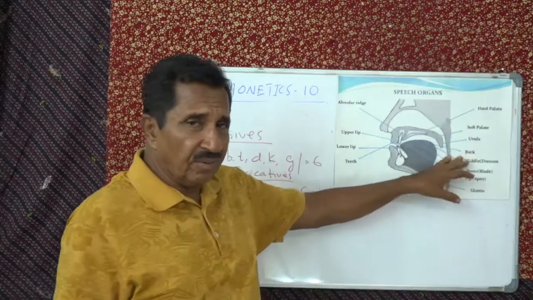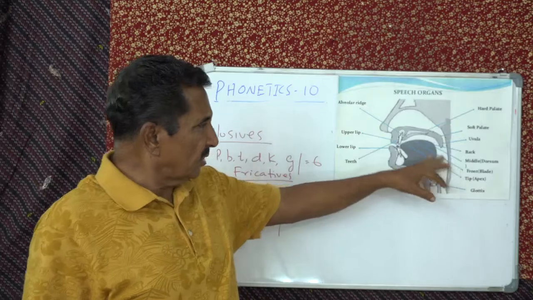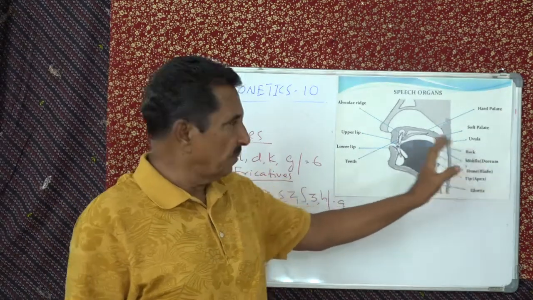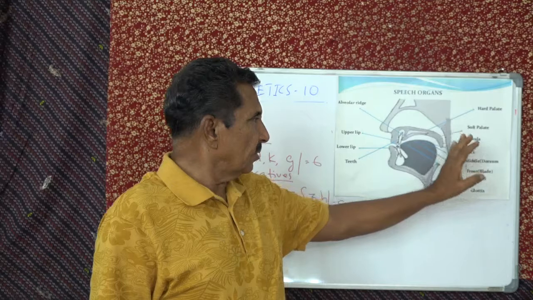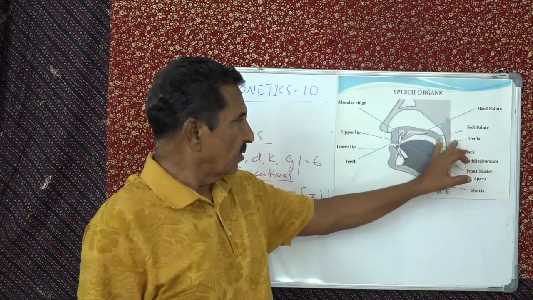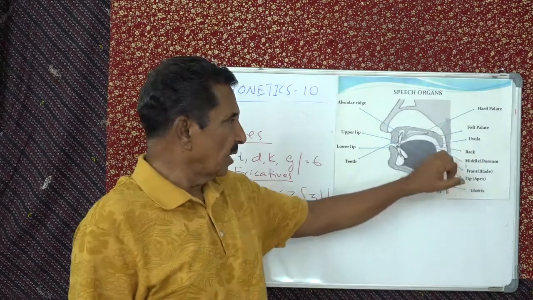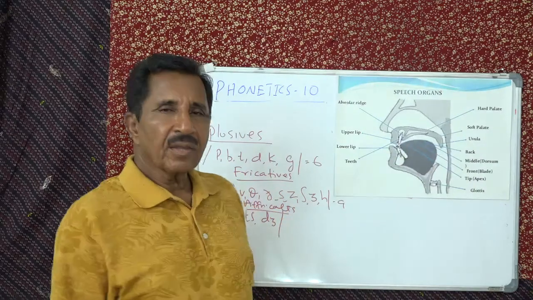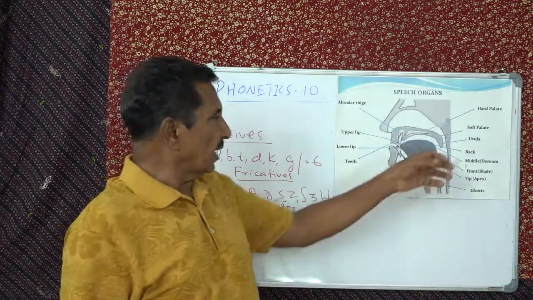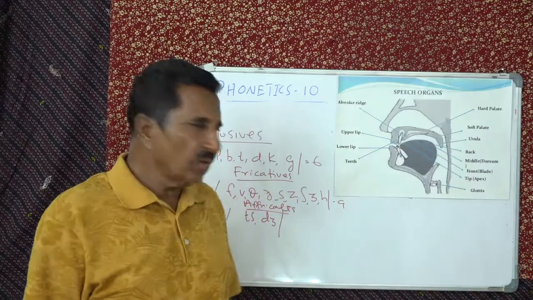Remember, the tongue is very important for us in the production of vowel sounds. The soft part is here. It can go up, it is like a shutter. If it is moved up, it will touch this wall here and close the nasal passage. Air will come out only through the mouth, then you call them oral sounds. If the air comes out through the nose, you call them nasal sounds.